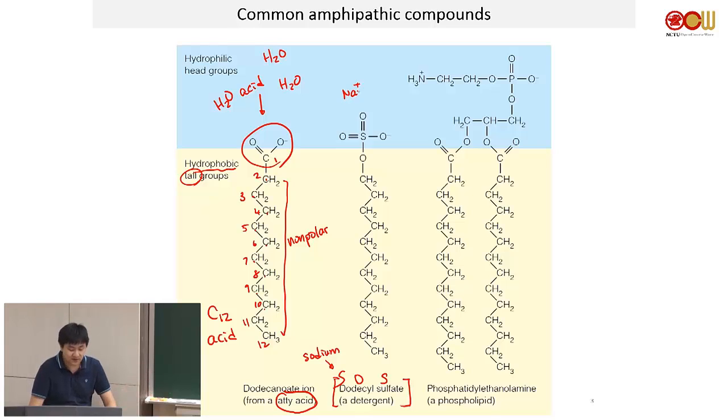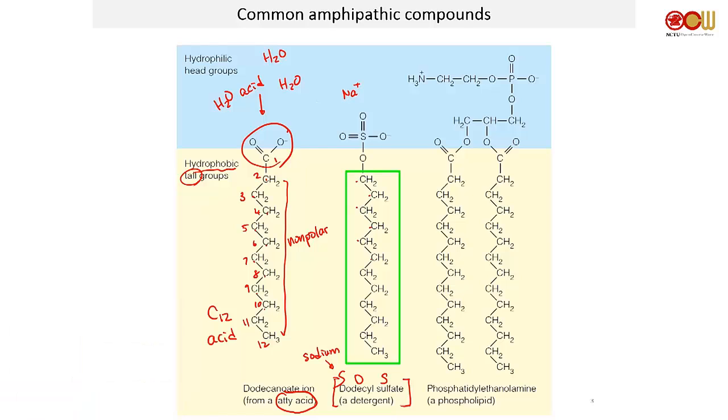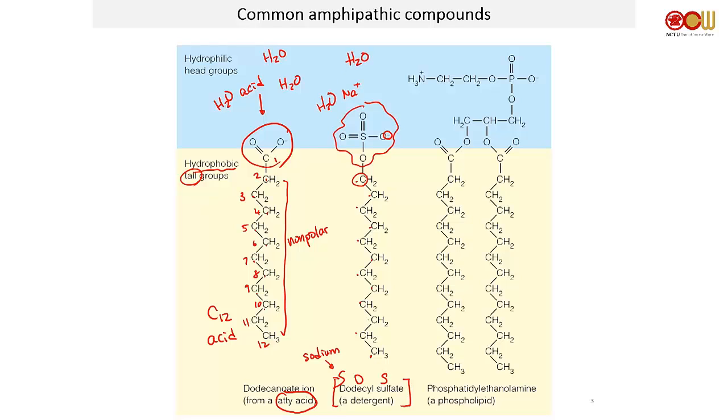Regardless, so dodecyl sulfate, just like its neighbor, the dodecanoate ion, it's also 12 carbons, okay? 1, 2, 3, 4, 5, 6, 7, 8, 9, 10, 11, 12 carbons, okay? And on the first carbon, you have a sulfate attached to it. And sulfate, guess what? It's a negative charge, okay? So it's very hydrophilic. So then again, it can interact with water, okay?